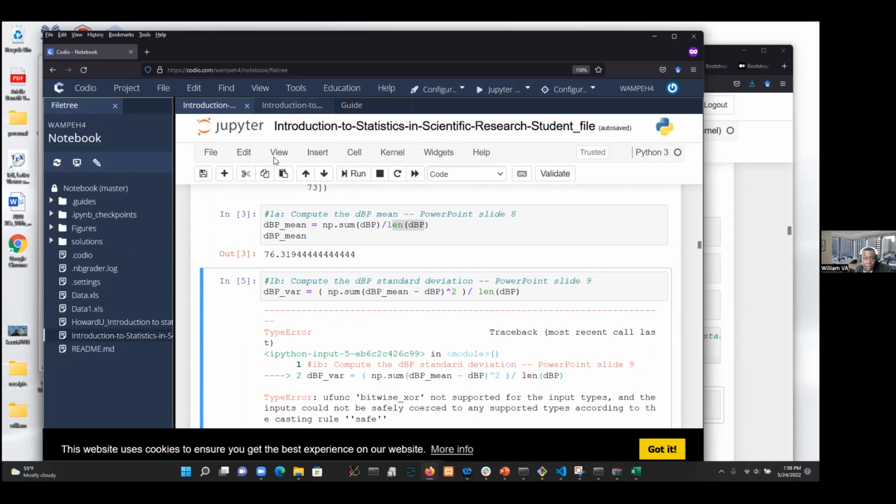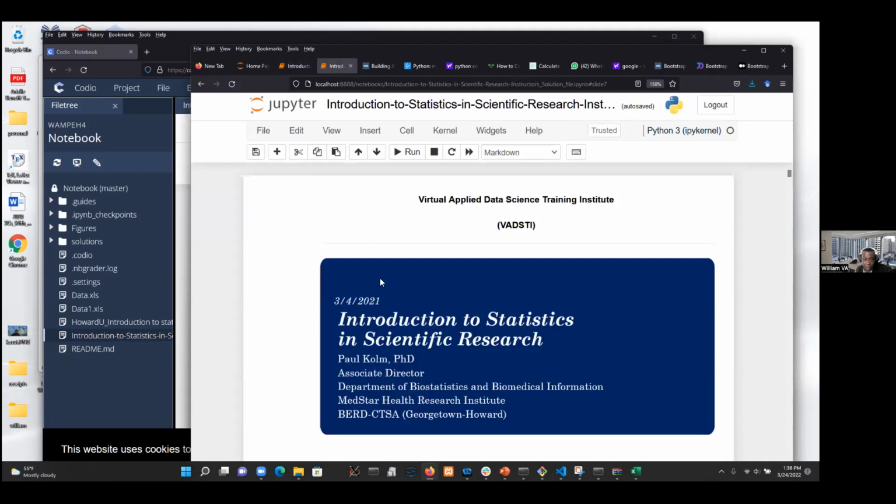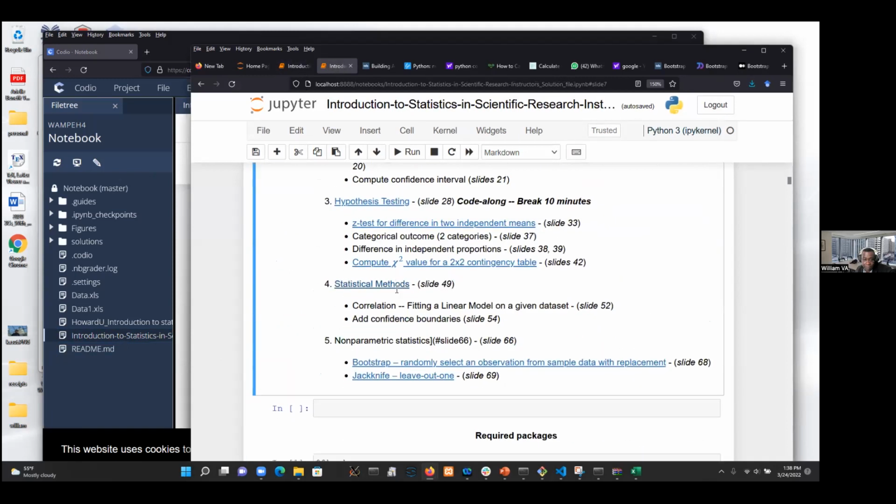Let's see why this is. I think I'm doing something a little tricky there. You see this type of error, and once you see it, just look at the solution that's been provided.